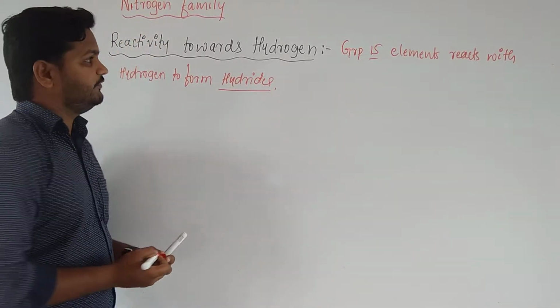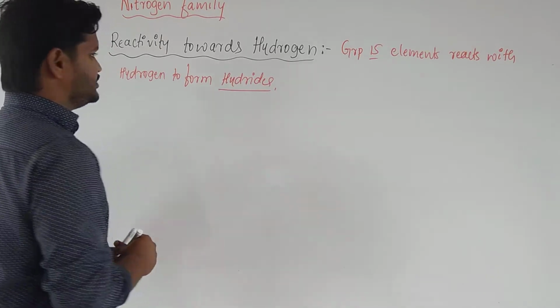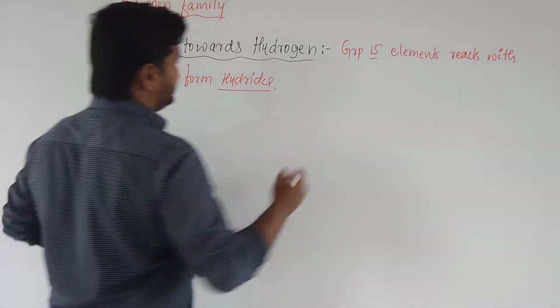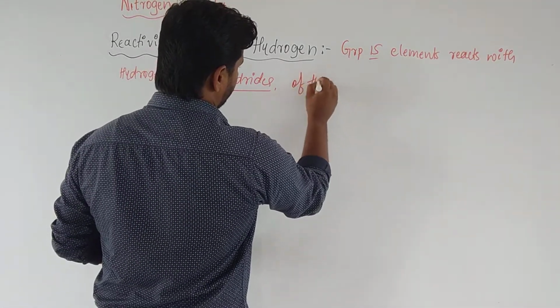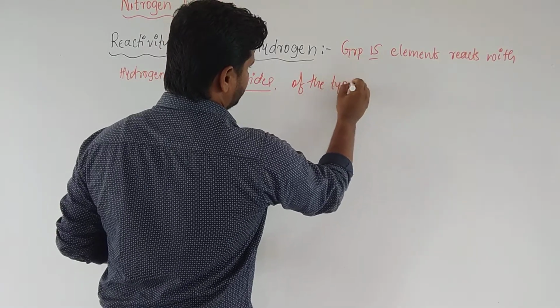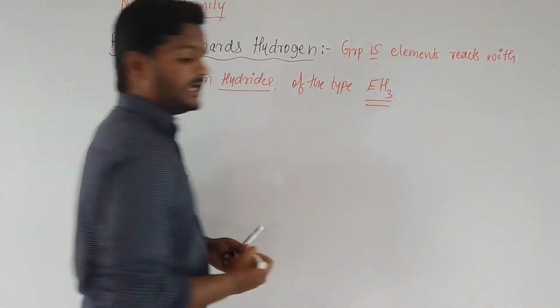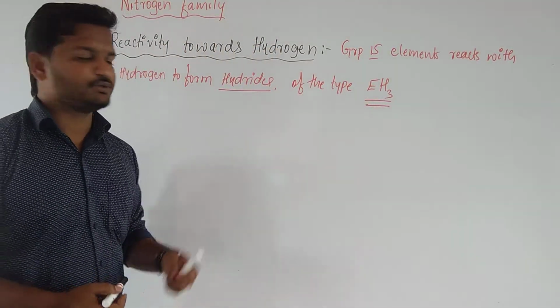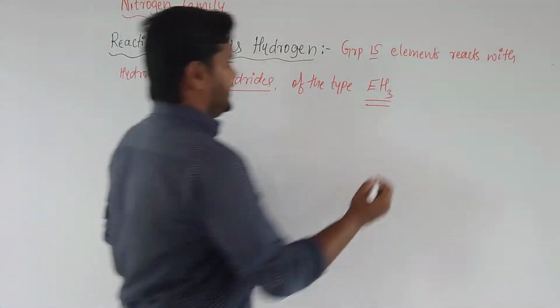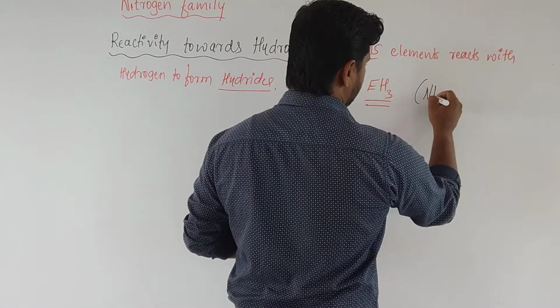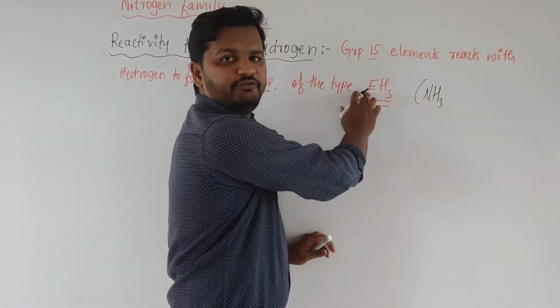Student, here group 15 elements react with hydrogen to form hydrides of the type EH3. Here E means group 15 elements.